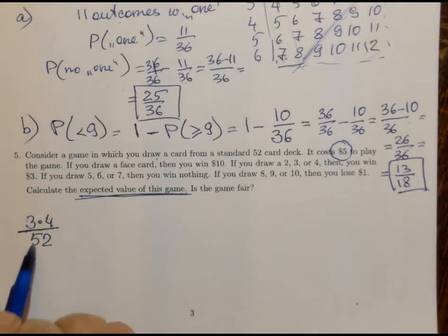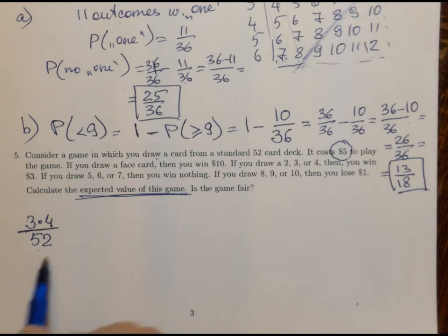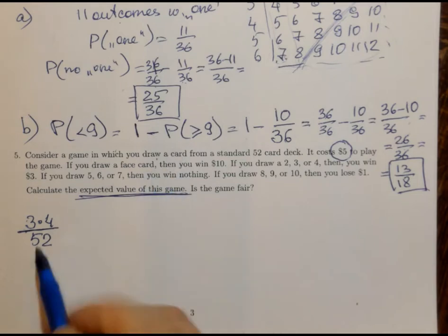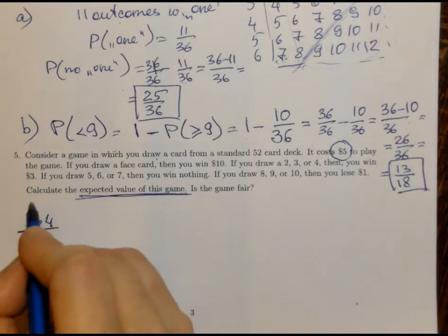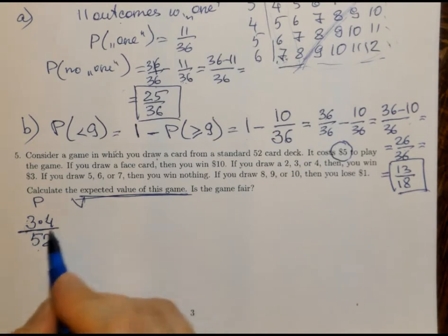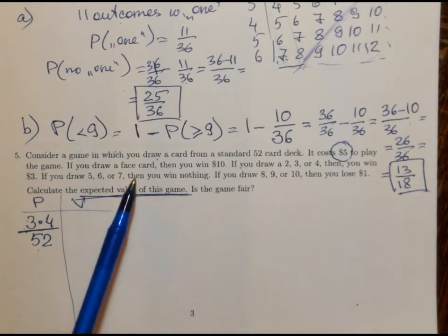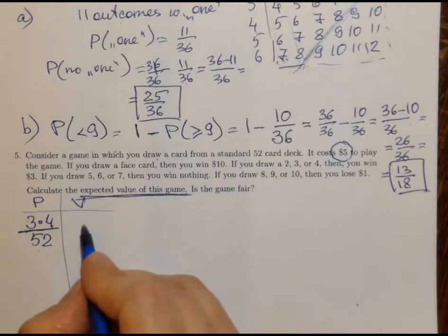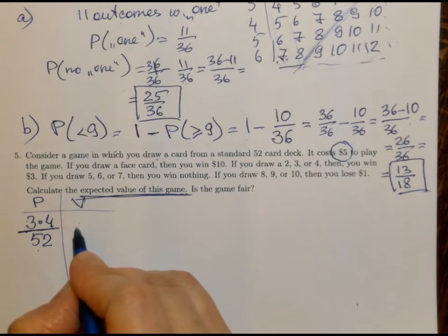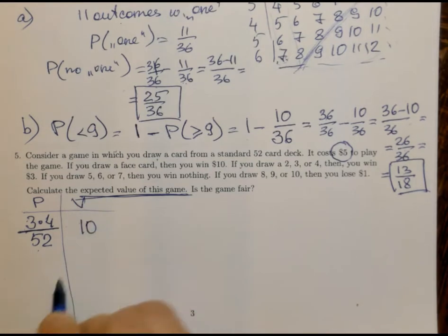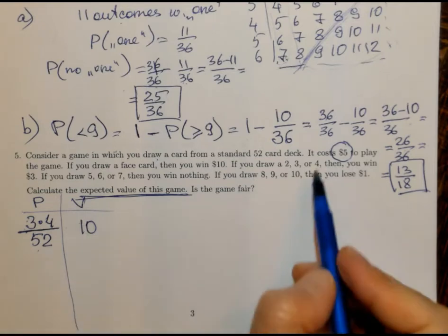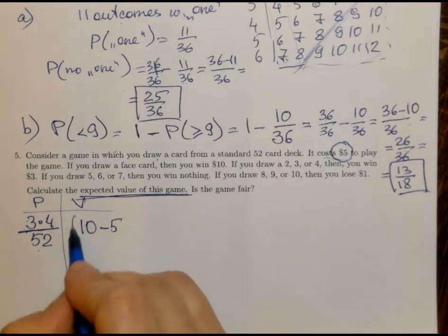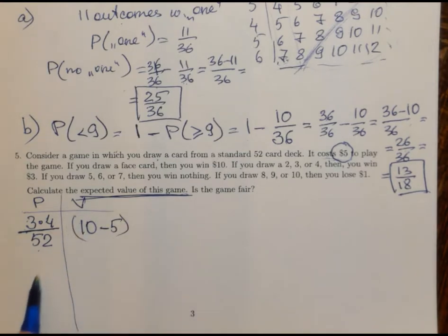So 12 face cards divided by the total number of cards: 12 over 52 is the probability of getting a face card. We must multiply the probability and the value. In this situation, we win $10. And don't forget to subtract the cost of the game. Subtract 5. So we multiply by 10 minus 5.